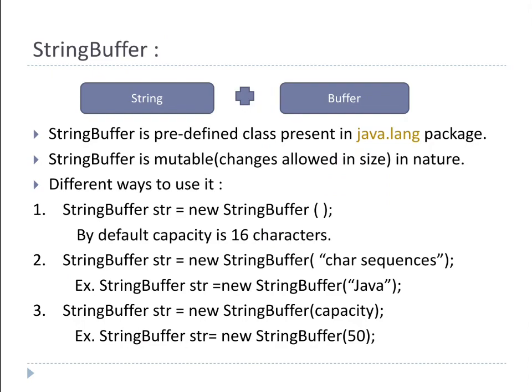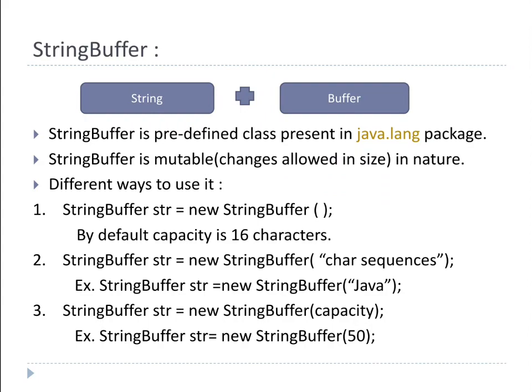Second one, when we provide something in double quotes, what will happen? We have 16 character capacity plus 4, means Java is having 4 characters, so previous 16 characters plus 4 characters, we now have a capacity of 20 characters in str.